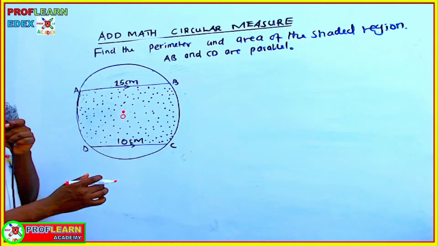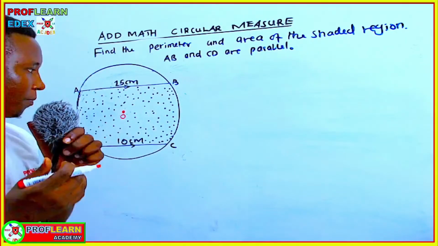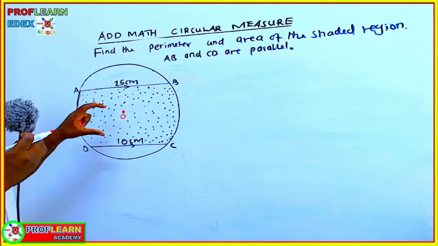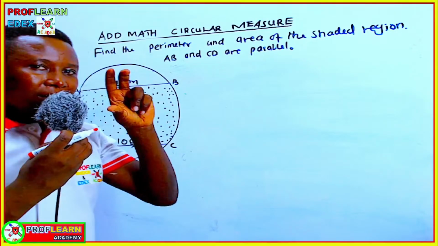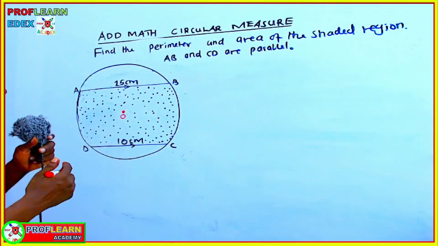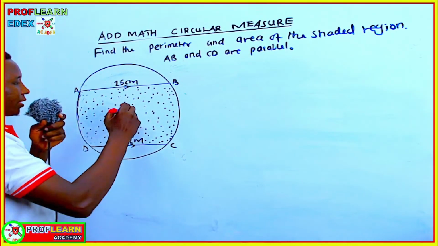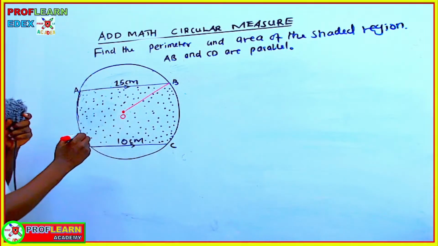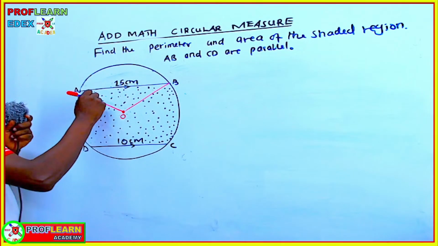DC is 10 centimeters. So how are we going to work out the perimeter of the shaded region and the area of the shaded part? The first thing we need to identify is B, and also join OA like that.